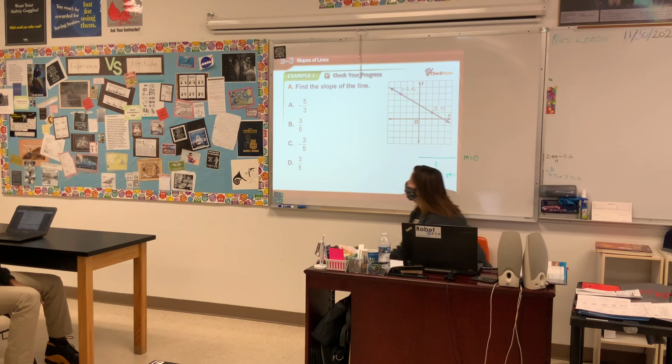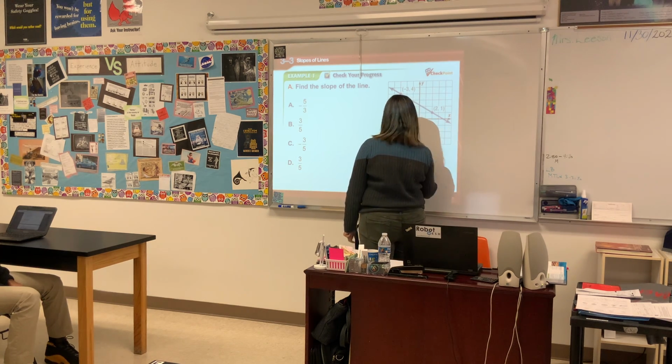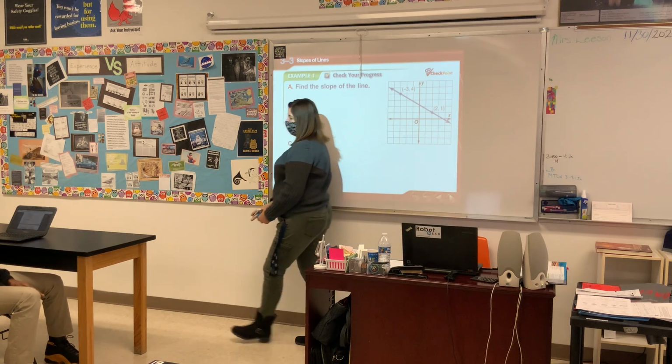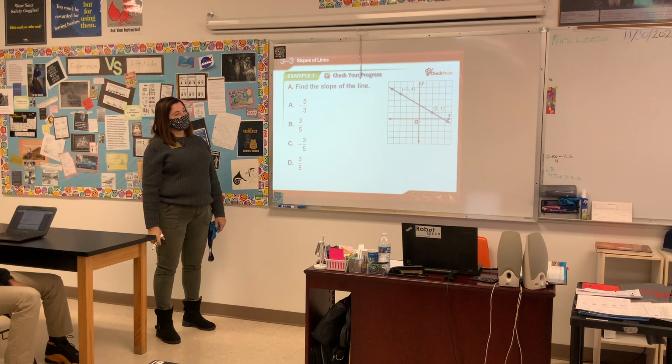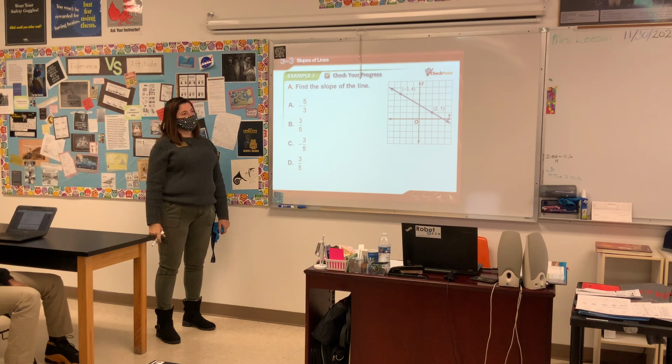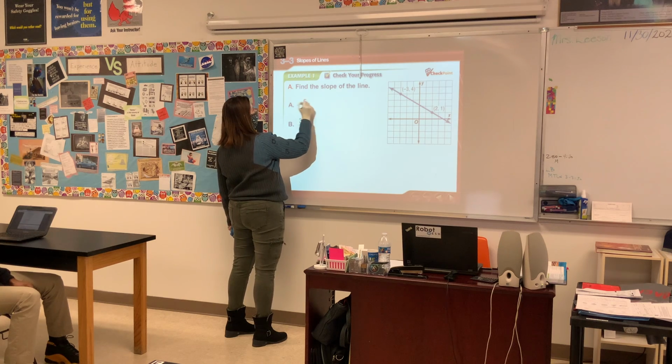Okay. Who can find the slope of this one? So how can you remember which slope is negative and positive? Like which way it's pointing? Well, honestly, I just remember that if it's this way, it's positive.